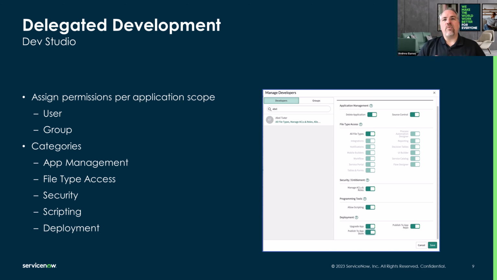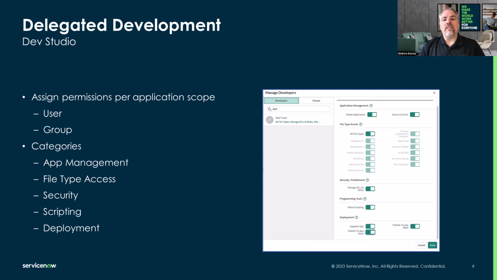So we don't want to give everyone admin, and we may not even want to give the same user the same access in all applications. So across different scopes, they may need different levels of access. And delegated development is the capability in the platform that allows us to unlock that ability.